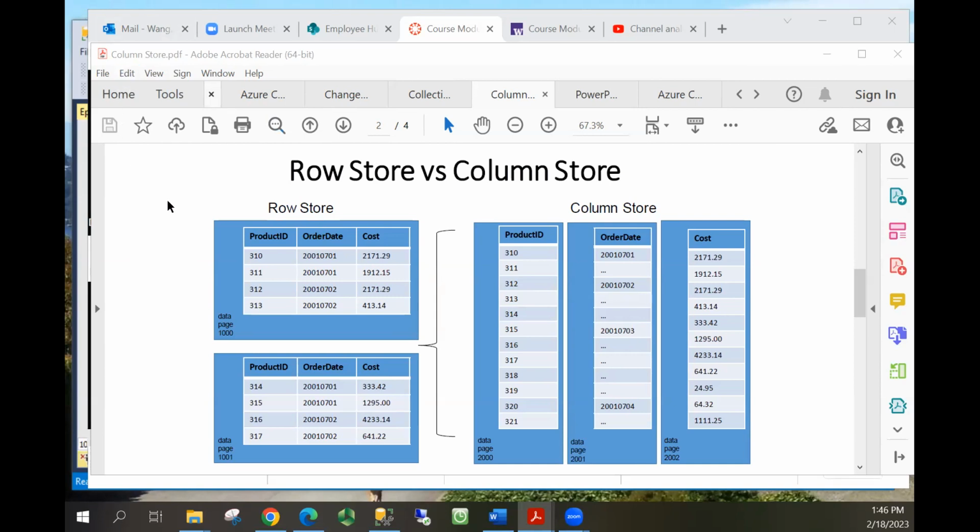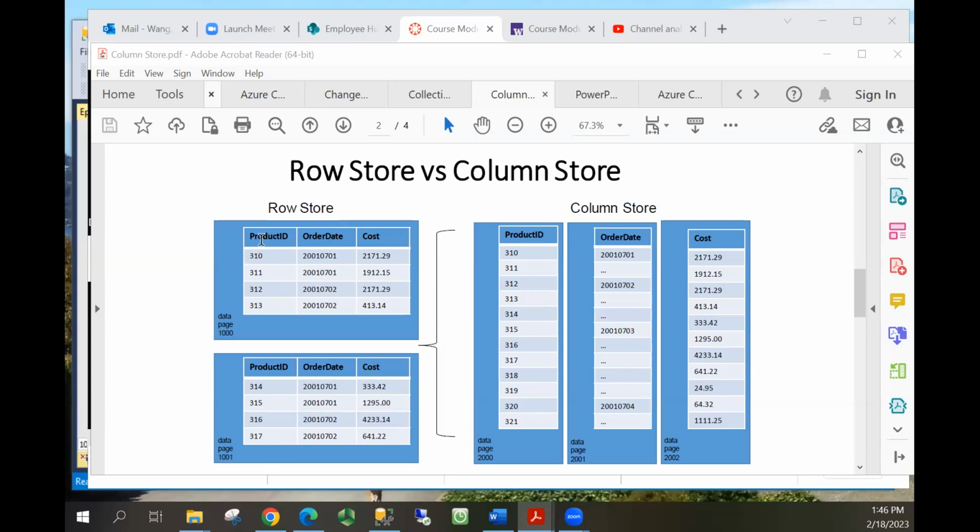So you see, with the row store, when the data is stored in storage and when the data is read into the memory, the data is processed record by record.